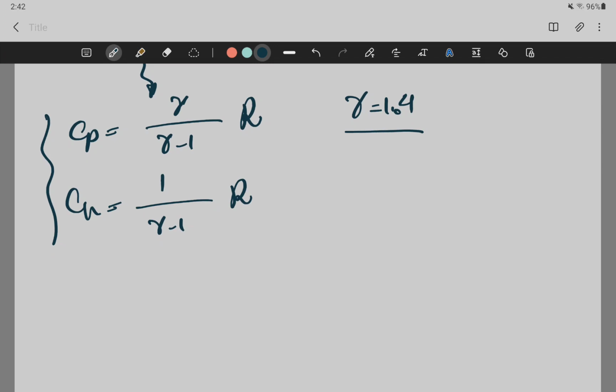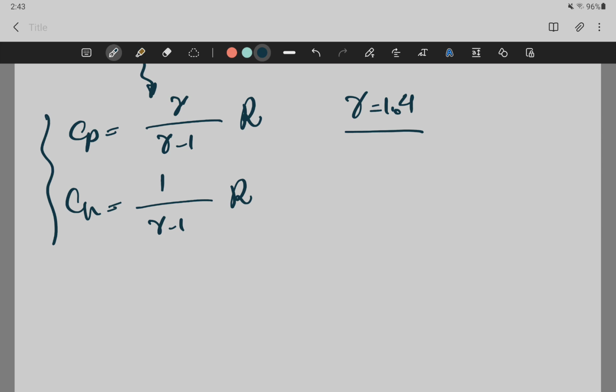But let's say you don't have the Cp, you don't have the R, and you don't have the Cv of a specific gas, of a specific molecule. How would you go about calculating the ratio of specific heats? Let's say they tell you that we have this molecule which has this formula, right?